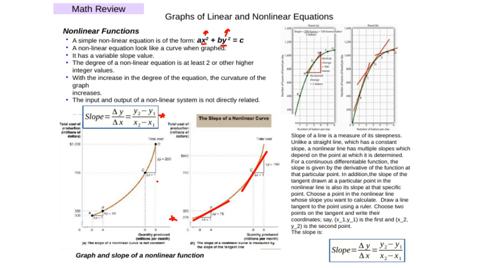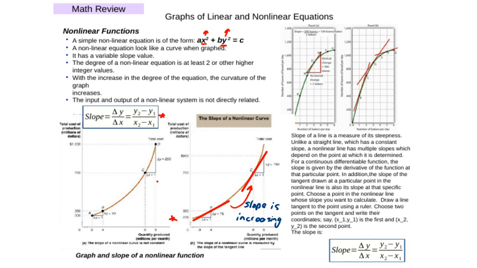Let me emphasize this thing here. If I draw a tangent line along my nonlinear function graph, which is a curve now, as you see, it's not a straight line anymore, I will see that the tilt of the slope is changing, increasing or decreasing.